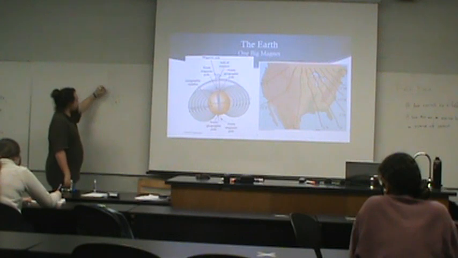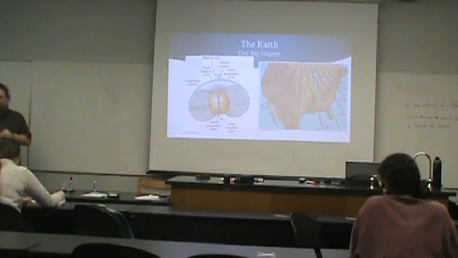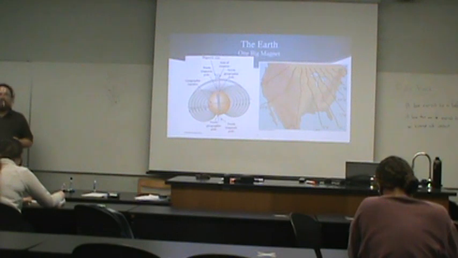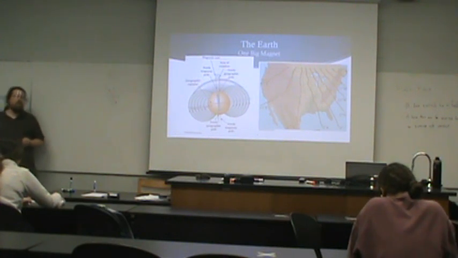Meanwhile, the end of the magnet near the geographical north pole is actually magnetic south. So not only are the poles backwards, they don't line up with the geographic poles, and they're moving. What does that mean? It means 100 years ago, compasses pointed north to a slightly different spot.